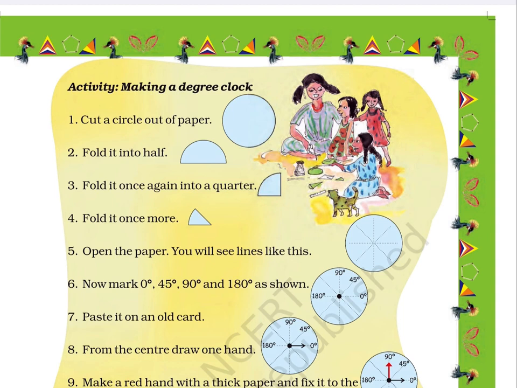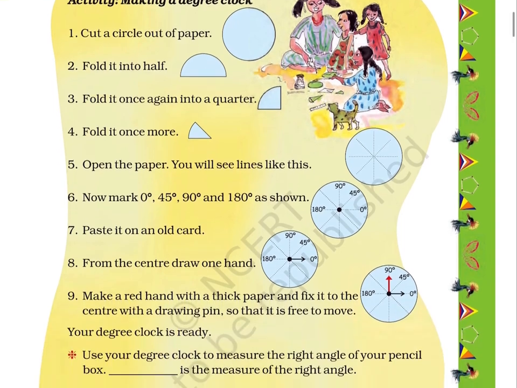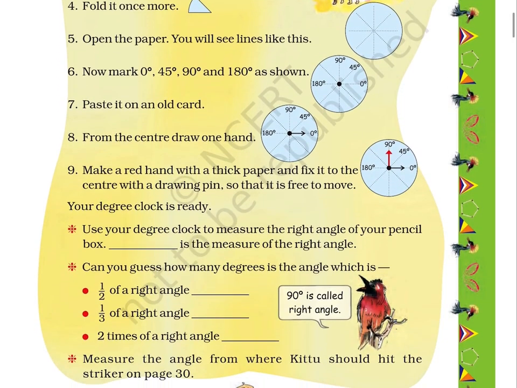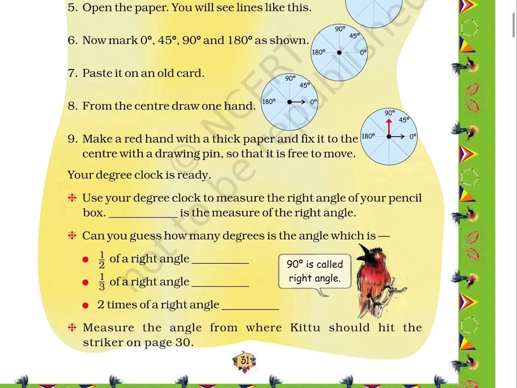Open the paper. You will see lines like this. 6. Now mark 0 degrees, 45 degrees, 90 degrees and 180 degrees as shown. We have the picture cutouts of the circle and the different angles have been marked here.